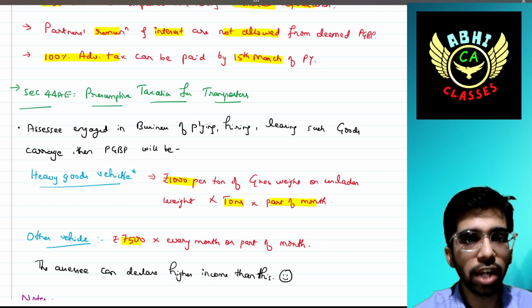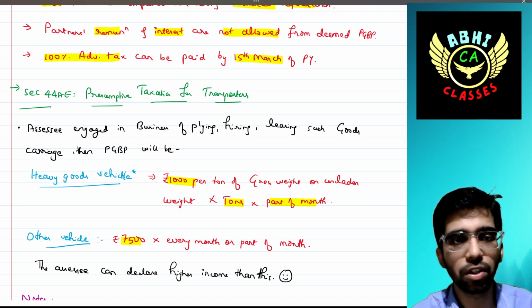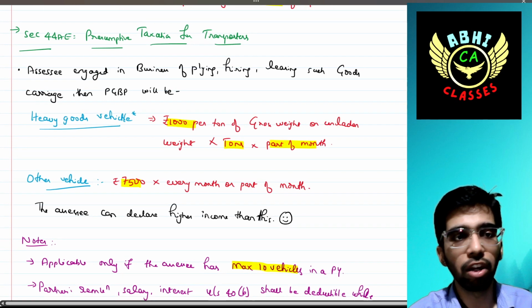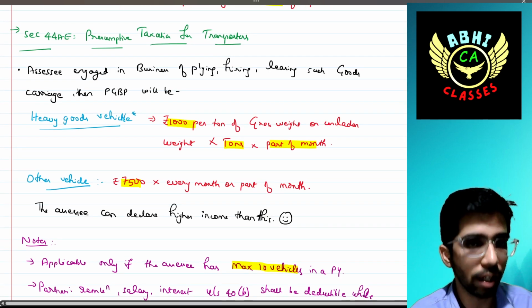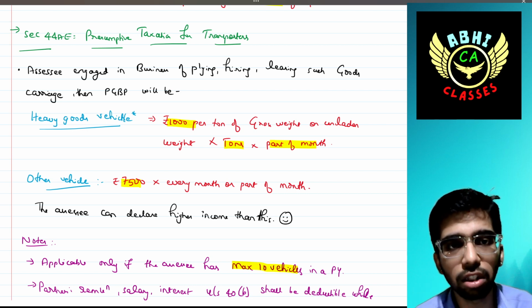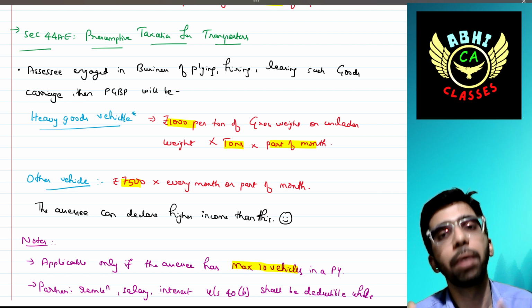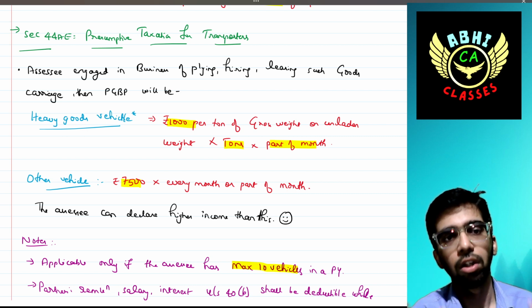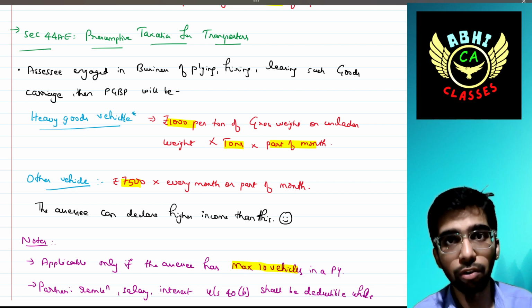The SSE is engaged in the business of plying, hiring, or leasing goods carriages. Then the presumptive income, if I am having a heavy goods vehicle, will be computed as follows. What is a heavy goods vehicle? We'll see in detail in the next points. The formula is 1000 per ton into number of tons into number of months of having that goods vehicle in your name.